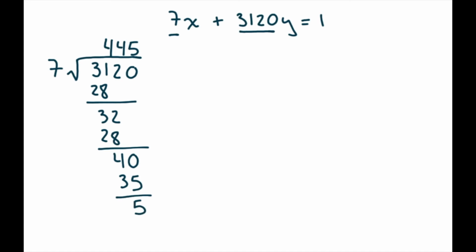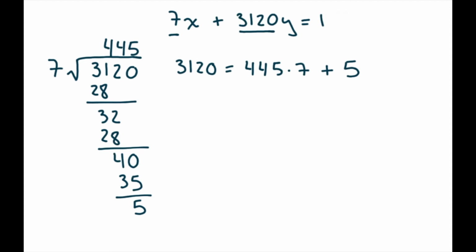And I get that 7 goes into 3,120 a total of 445 times evenly, with a remainder of 5. I can then say that 3,120 is equal to 445 times 7 plus 5.